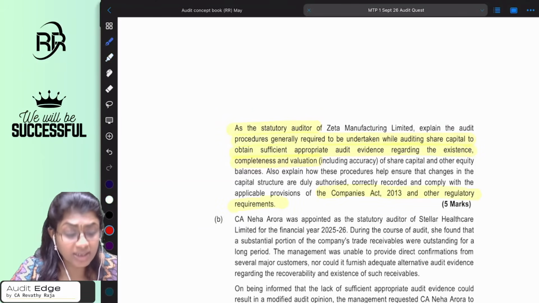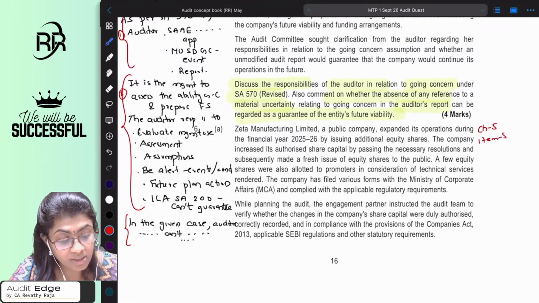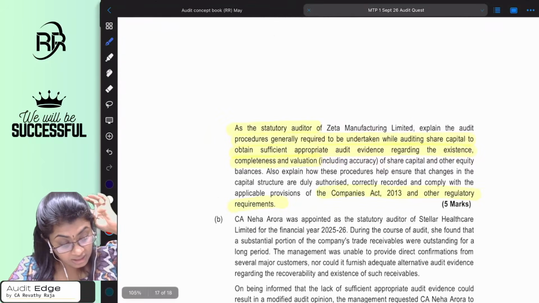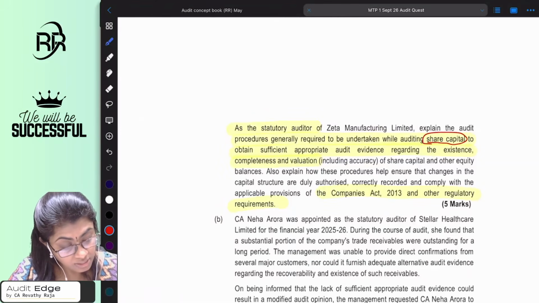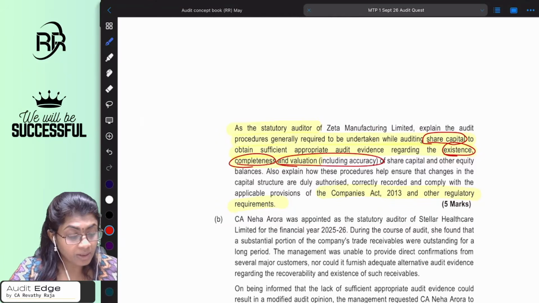So this is again items in FS, chapter 5, items regarding share capital. In that they are asking about share capital's existence, completeness, valuation, accuracy.